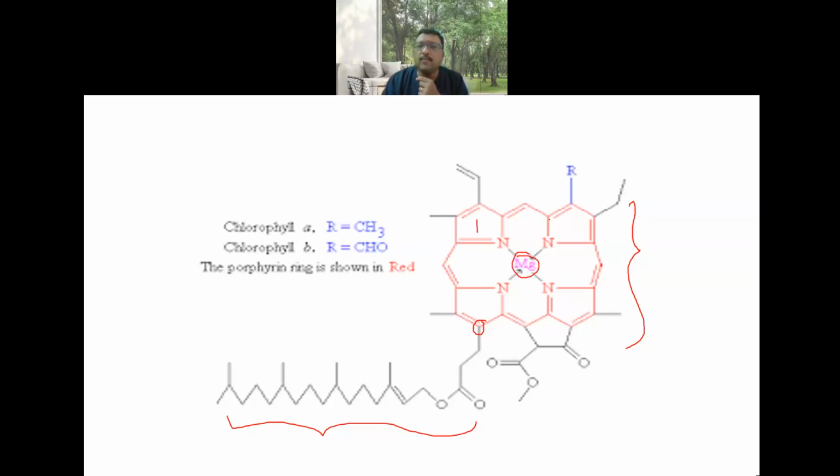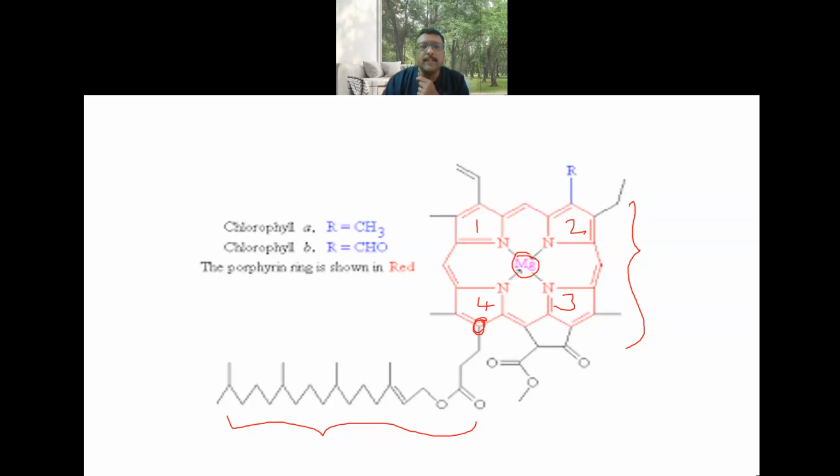Okay, one, two, three, four. So the 20 carbon alcohol phytol tail region is esterified with the fourth pyrrole ring.